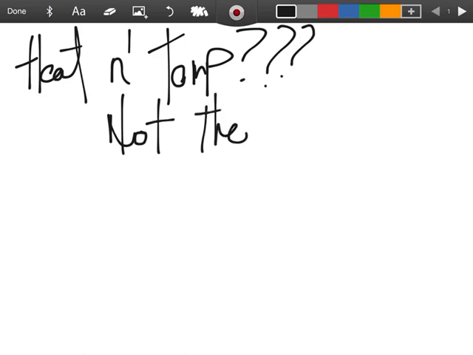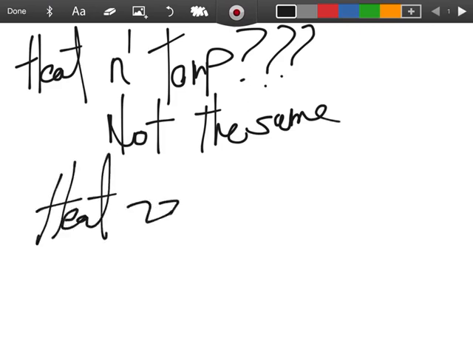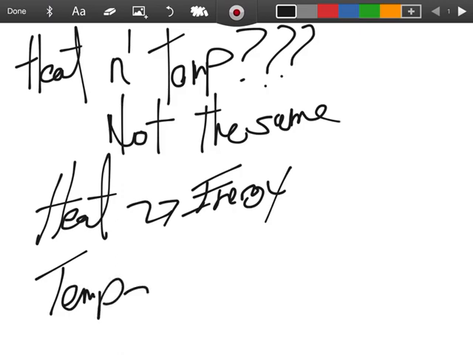And sometimes it's difficult to make the definition of each, but the best way to understand this is actually to make a comparison between each of them. So heat is actually a manifestation of what? Of energy, right? And temperature, right?